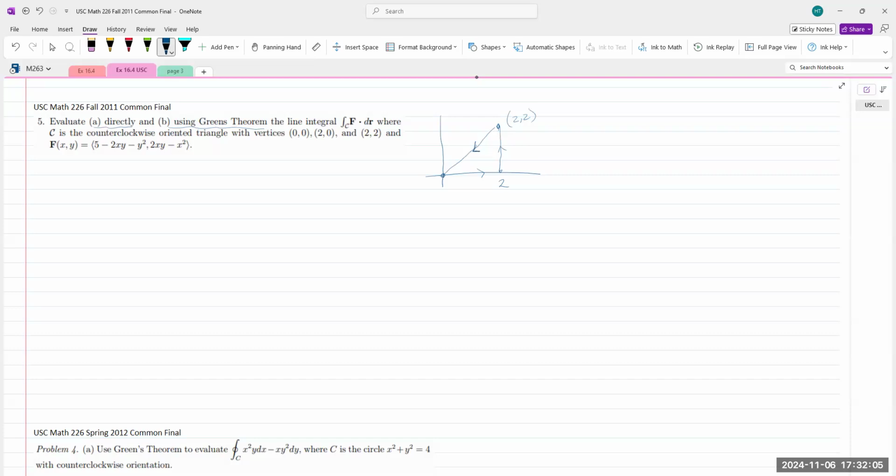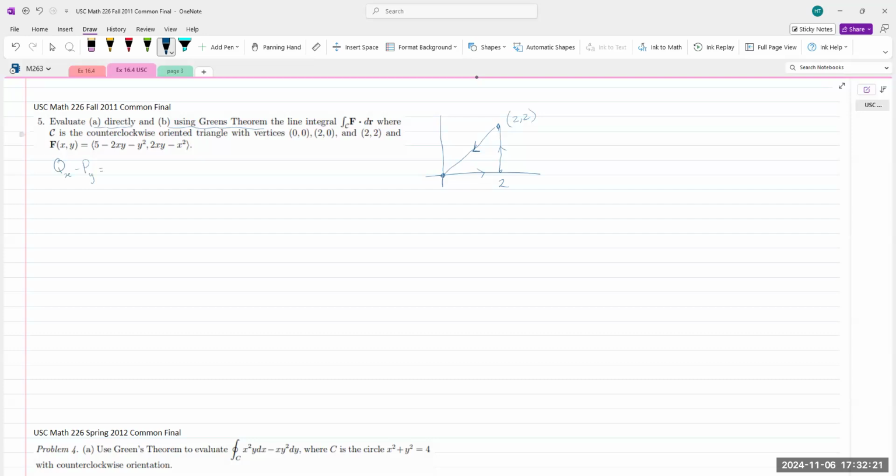I will do the Green's theorem way first because I think that's easier and we can get the answer faster. According to Green's theorem, the integrand will be Q sub x minus P sub y.